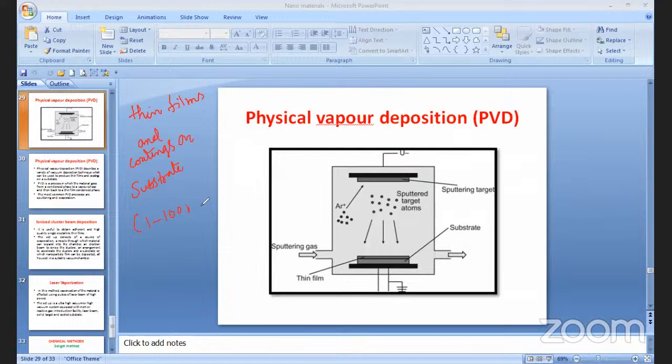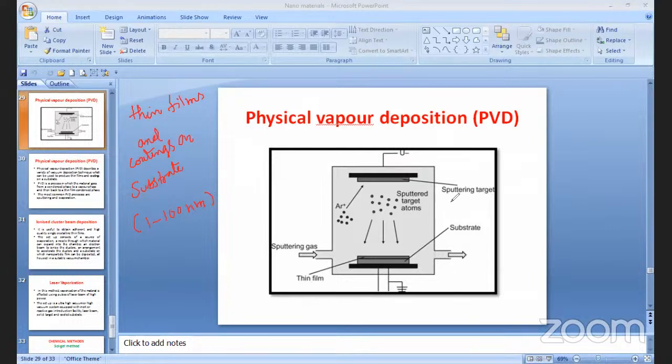So whatever size we require between 1 to 100 nanometers can be produced with the help of this physical vapor deposition method. Generally, what we are going to produce here are thin film materials. In physical vapor deposition, the material is heated above its melting point to generate vapors, which are then deposited on the target surface.